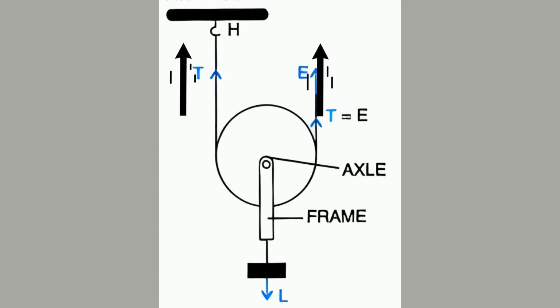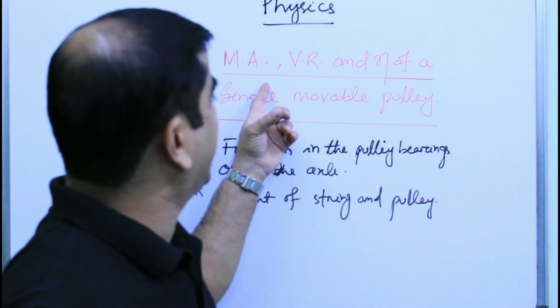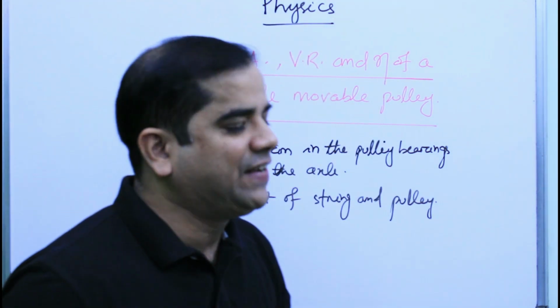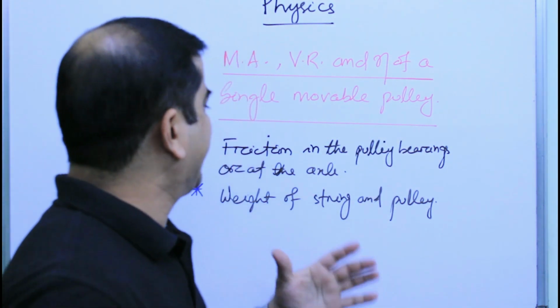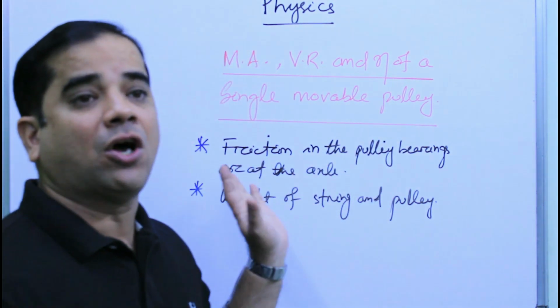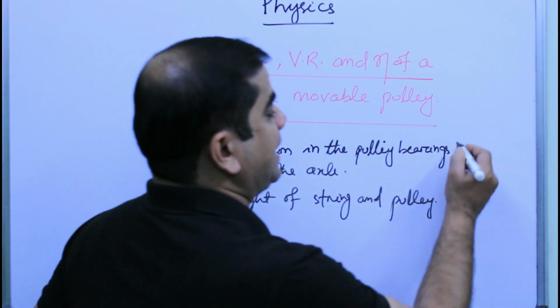In one side, it is acting towards the hook to which one end of the string is attached, and in another side it is acting in the upward direction in the direction of effort. Okay? So students, let us now discuss about mechanical advantage, velocity ratio and efficiency of a single movable pulley. So if we neglect the friction in the pulley bearings or at the axle and the weight of string and pulley, we neglect it.